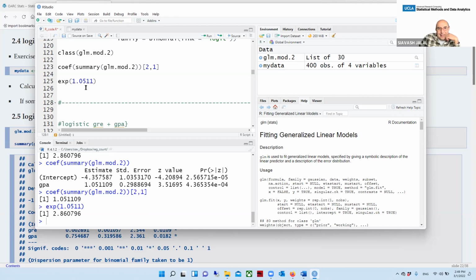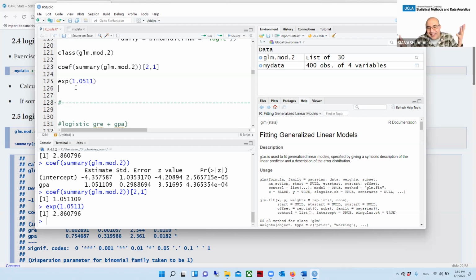Now there is one way that I used before, where I subtracted 1, and I got 1.86, and that means if somebody's GPA increases by 1 unit, then the expected odds of outcome, or odds of admission, increases by 186%, right?